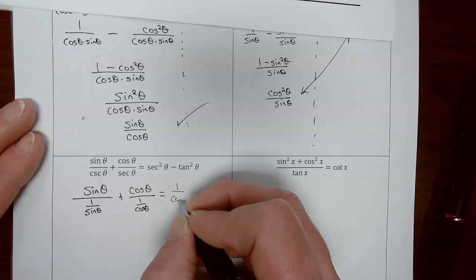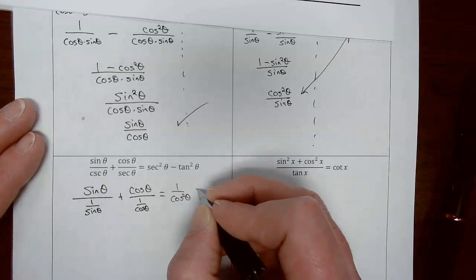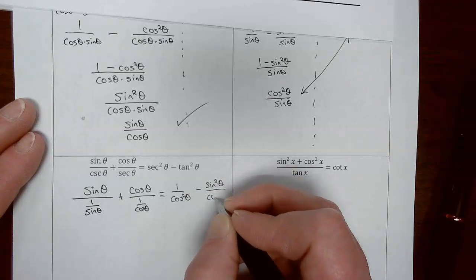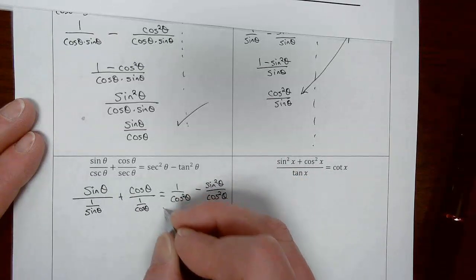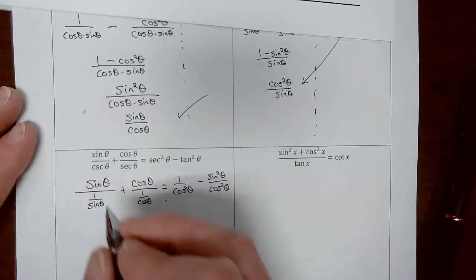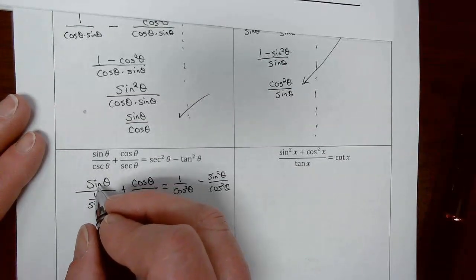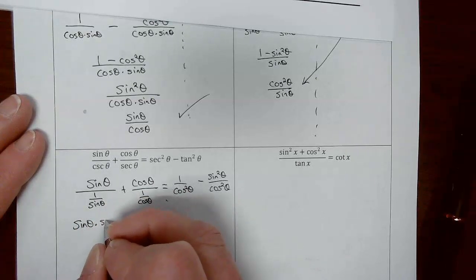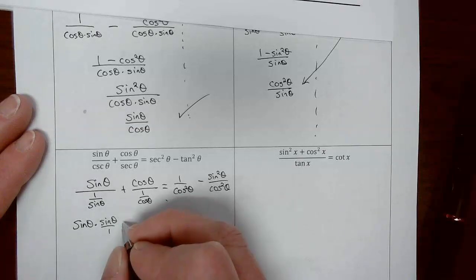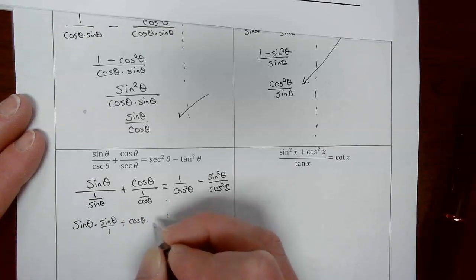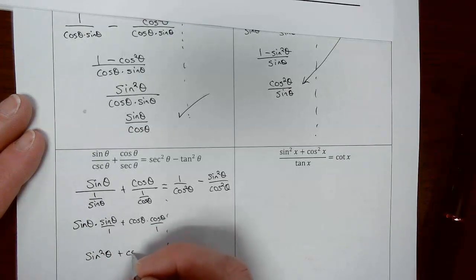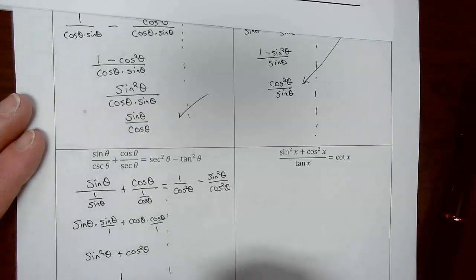That'd be 1 over cosine squared minus sine squared over cosine squared. Well, over here, if I multiply by the reciprocal, that'd be sine theta times sine theta over 1. And then I'd have cosine theta times cosine theta over 1, which gives me sine squared plus cosine squared, which is 1.